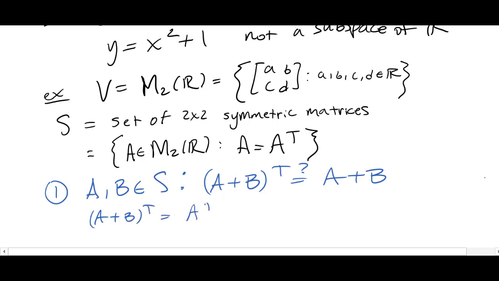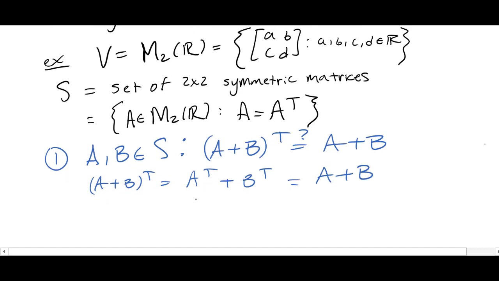And since A and B are both symmetric, since they're in S, A transpose is equal to A and B transpose is equal to B, so this is equal to A plus B. So it's closed under vector addition.